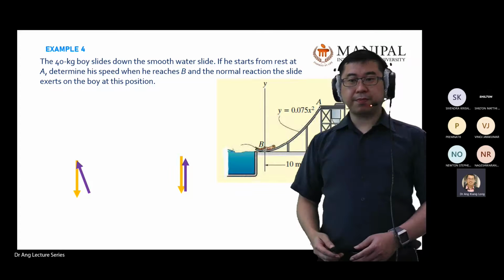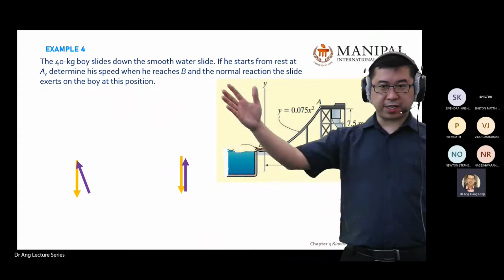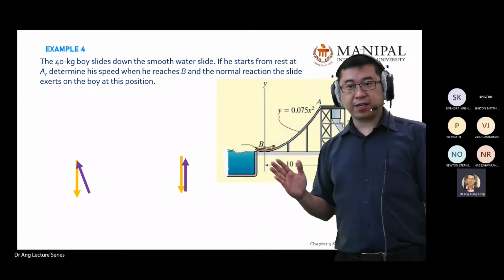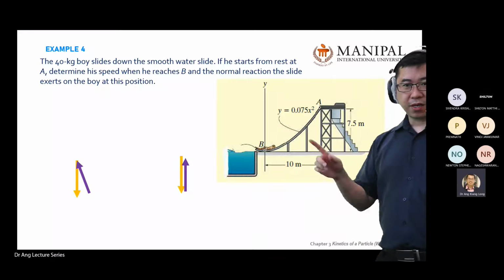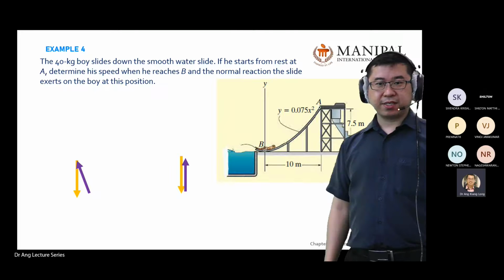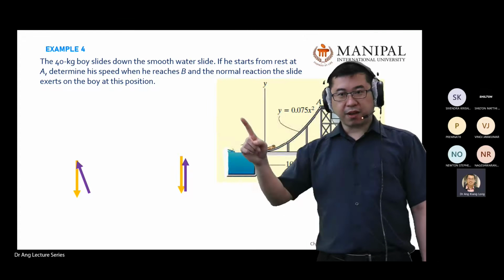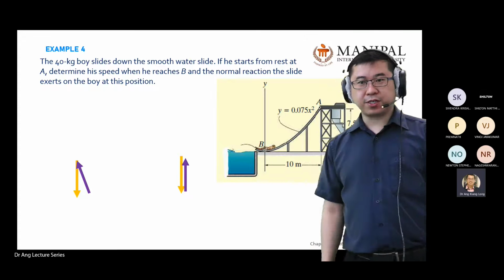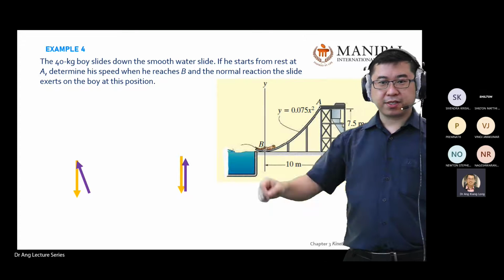So what are the steps we do? You look at the question, you look at the statement, what information is given? A curved motion, y and x. The question asks you to find speed, and asks you to find normal force. You are given the velocity from rest.